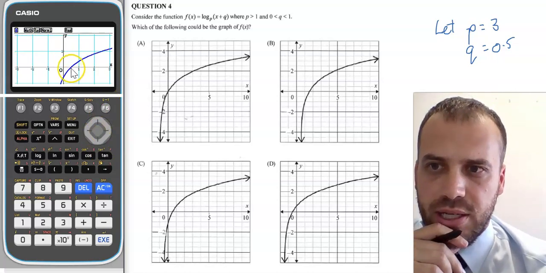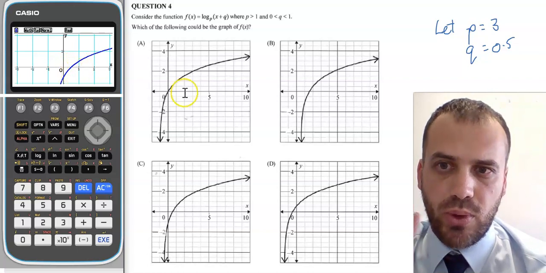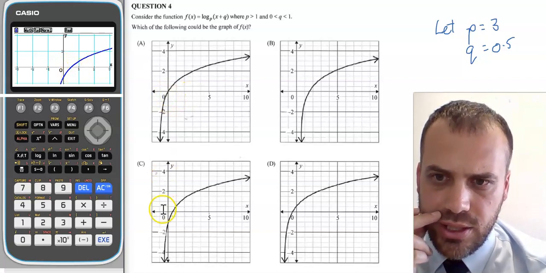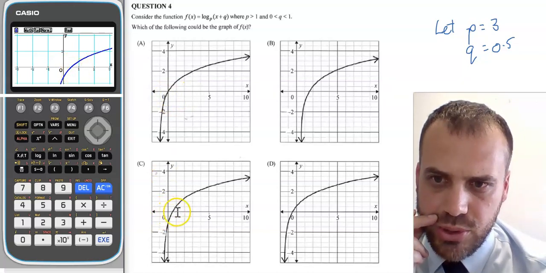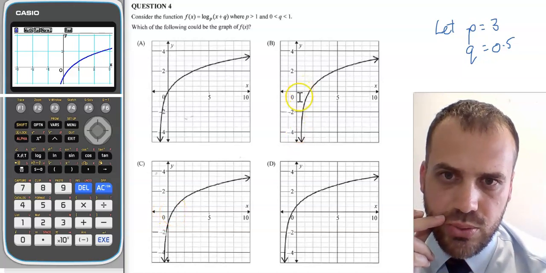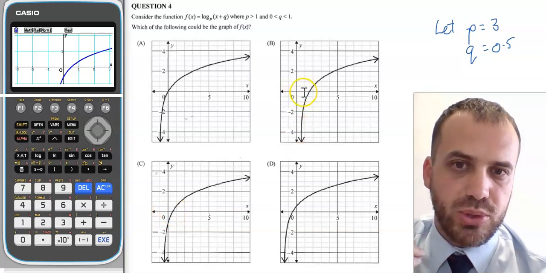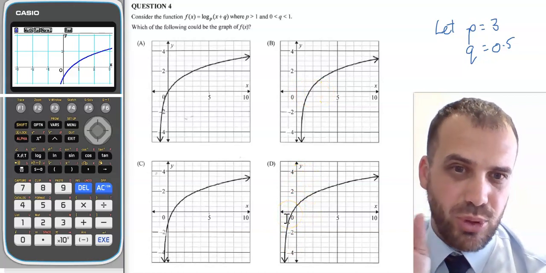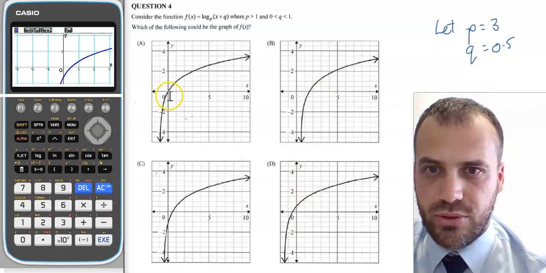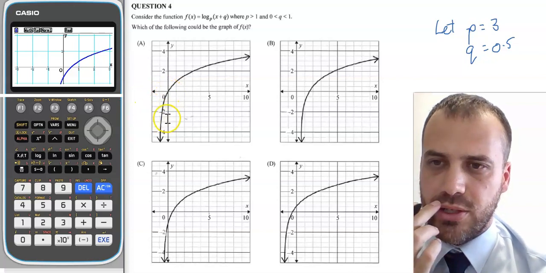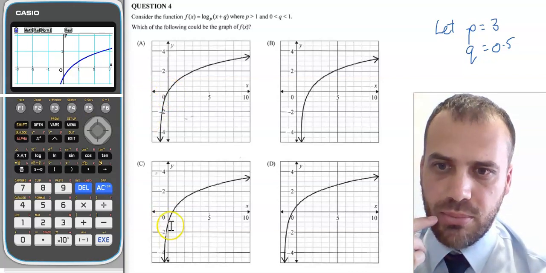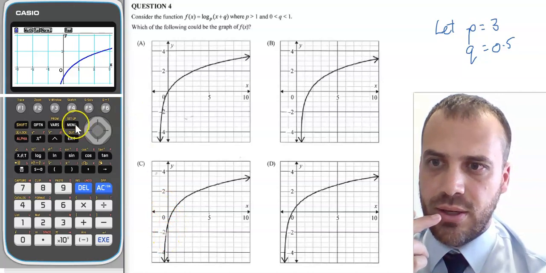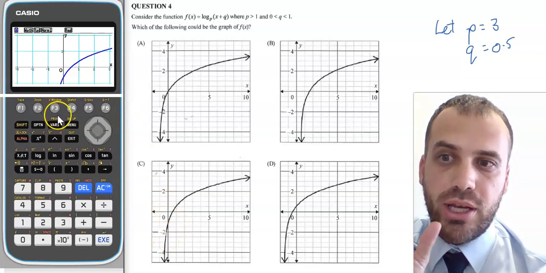We can see that it's passing through between 0 and 1. Now, let's look here. This one looks like it's passing through between 0 and 1. This one is passing through between 1 and 2. This one is passing through on the negative side, so that's probably not right. And this one is passing through 0. Okay, so it feels like this one might be our answer here. Why don't we zoom right out?